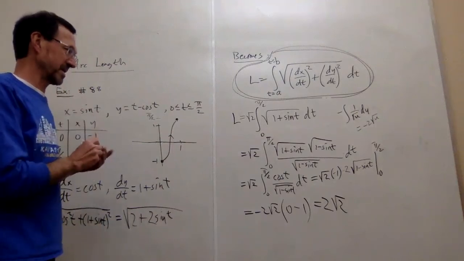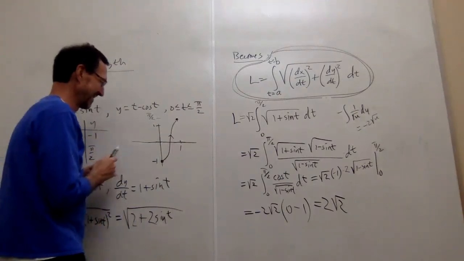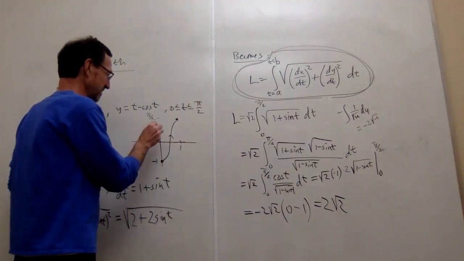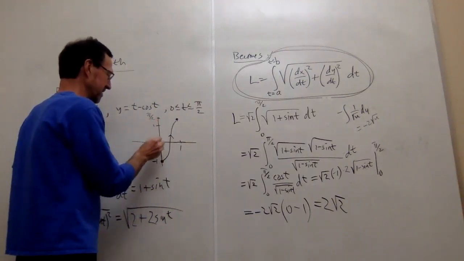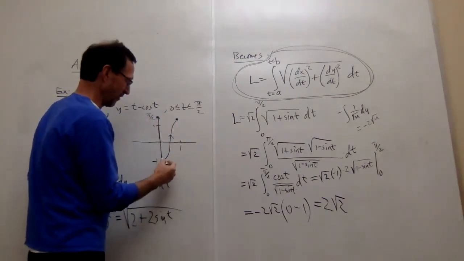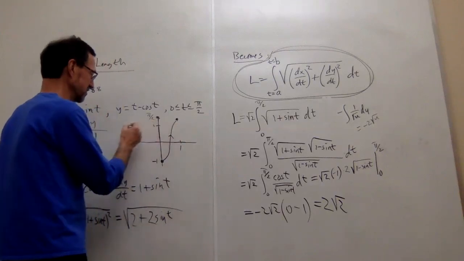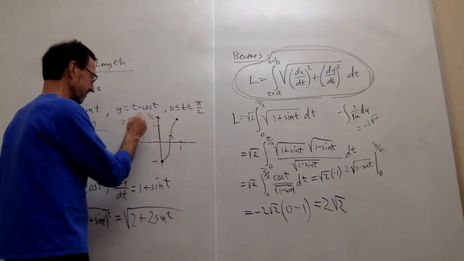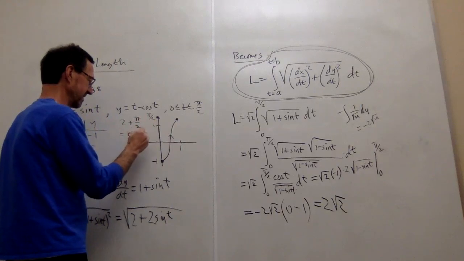Now, there's a way we can think about, is that a reasonable answer or not? A couple ways we can do it. If I just travel along the y-axis from here to there, that should be a little bit less than that number, when the extra is whatever the curve takes.